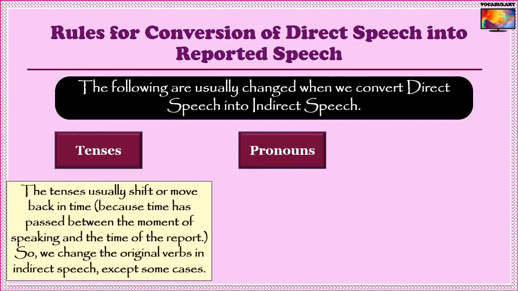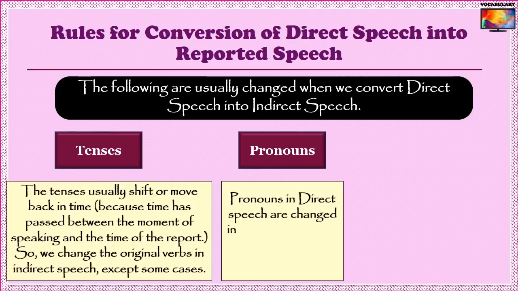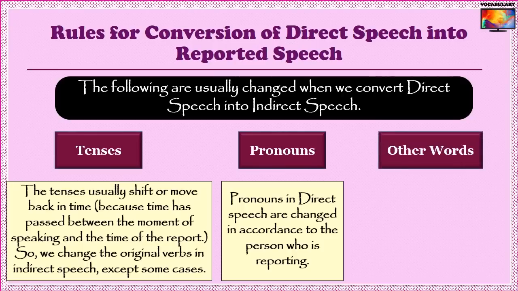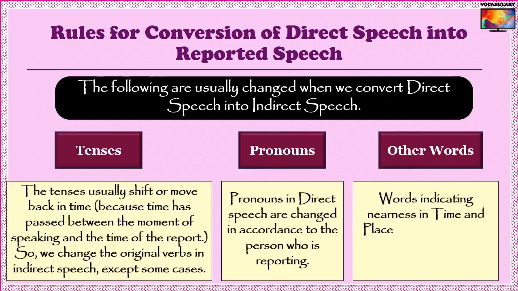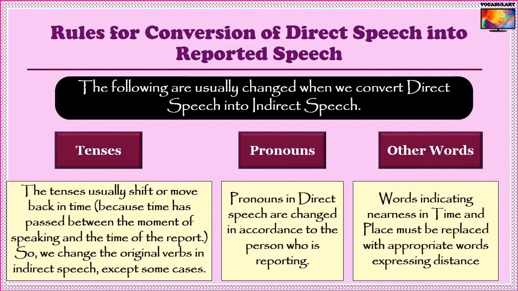Pronouns in direct speech are changed from the perspective of the person who is reporting. And the third is other words denoting time and place. Words indicating nearness in time and place must be replaced with appropriate words expressing distance. Again, we will discuss it in detail shortly.